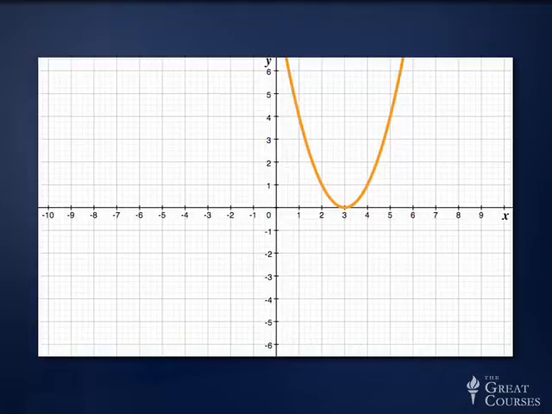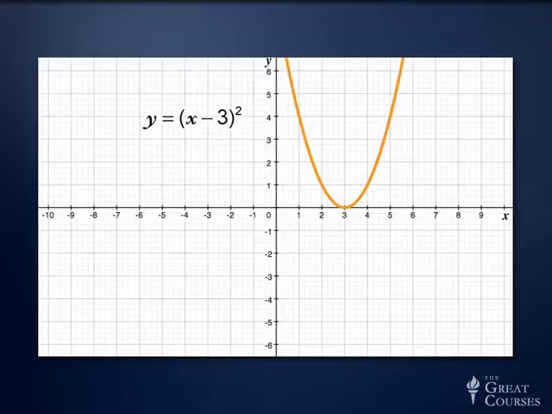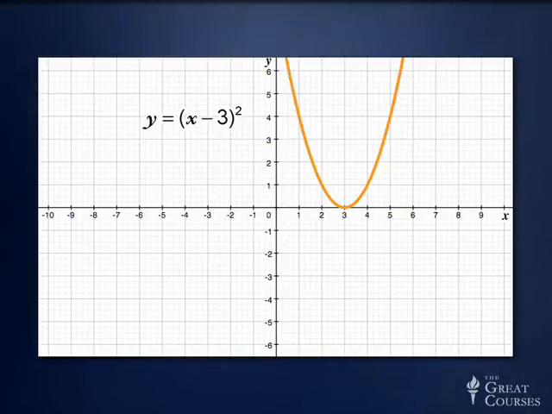Obviously, the equation can no longer be y equals x squared because that graph went through the origin. This graph doesn't. It turns out that the new equation for this new graph is y equals the quantity x minus 3 whole thing squared. And all we've done is changed from an x being squared to an x minus 3 being squared.